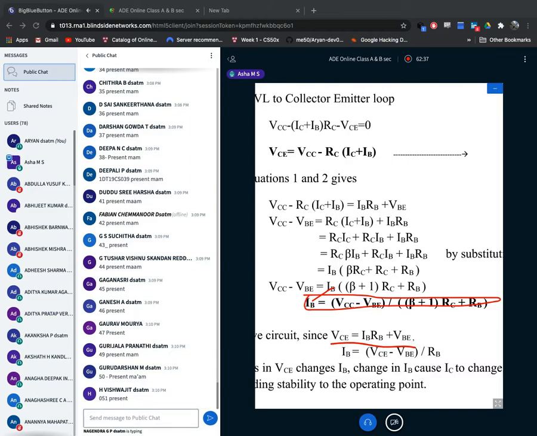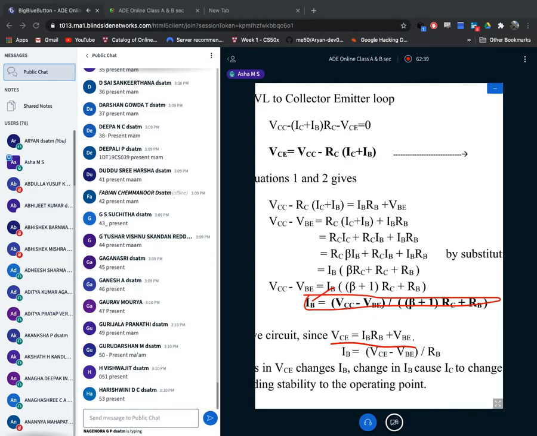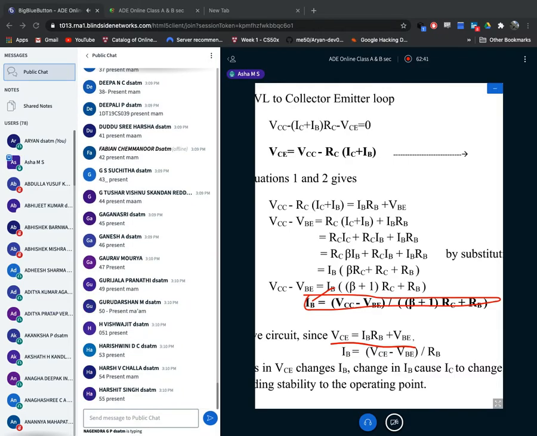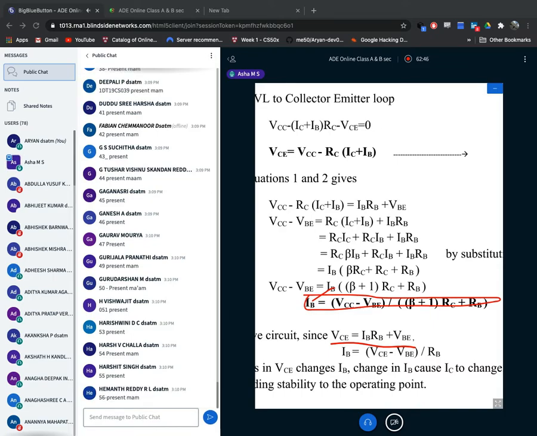Mark absent. 52, 53, 54, 55 present. 56 present. 57, Shrey? Where is Shrey?